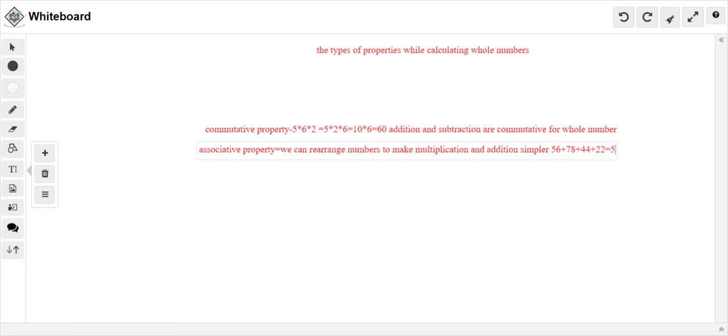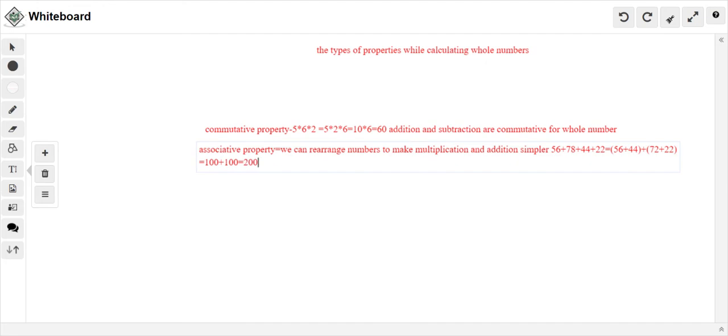I should use brackets. (56 plus 44) plus (78 plus 22), which is equal to 100 plus 100, which in turn becomes 200.